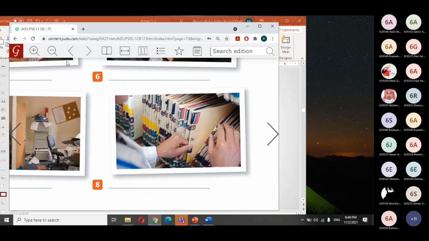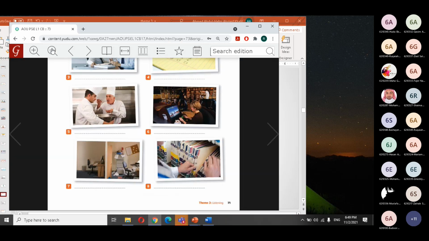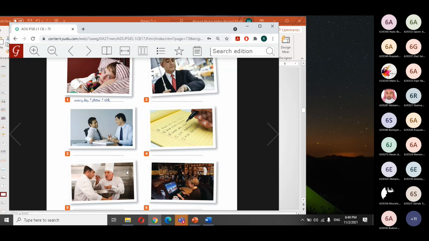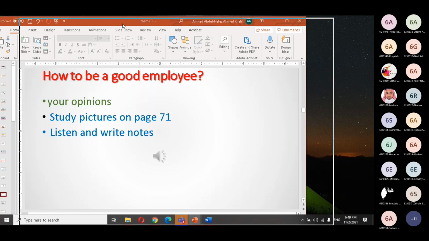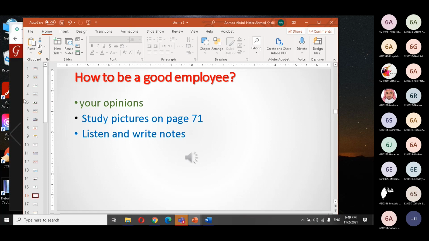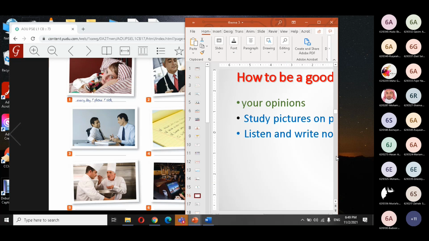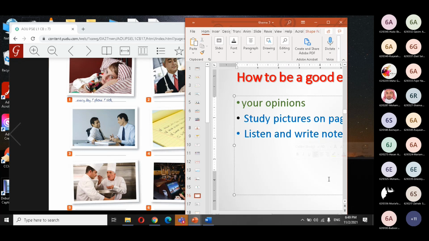Now I want you to have a look again at the pictures. Give me your opinion about the pieces of advice given in the picture. You are going to listen to a businessman.